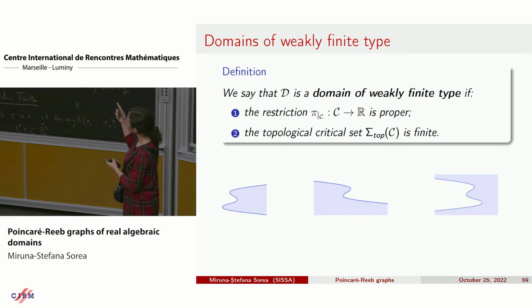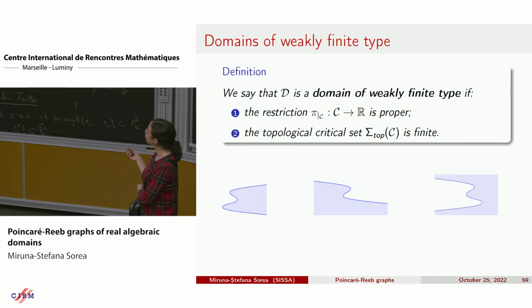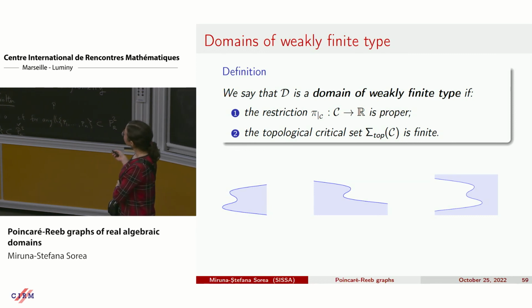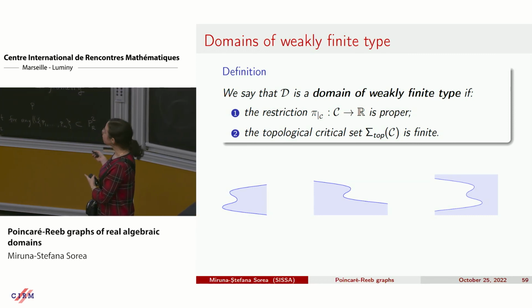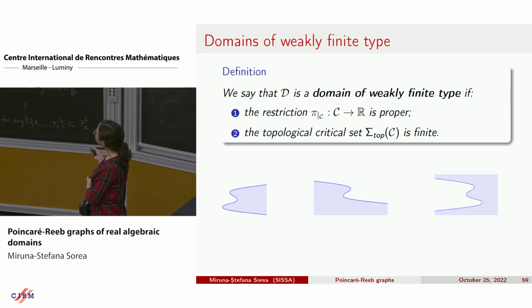For that, we thought it useful to have a general definition of the domains that one could consider. So for more general cases, we take a less strict constraint, where we just impose that the restriction of the projection to the curve is proper. So no longer with respect to the blue domain here.